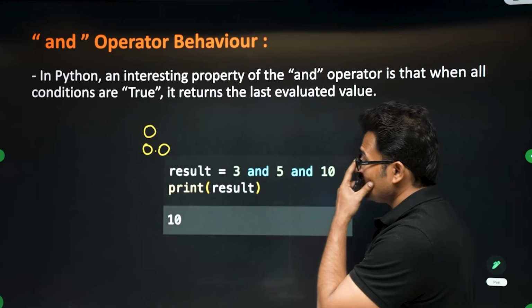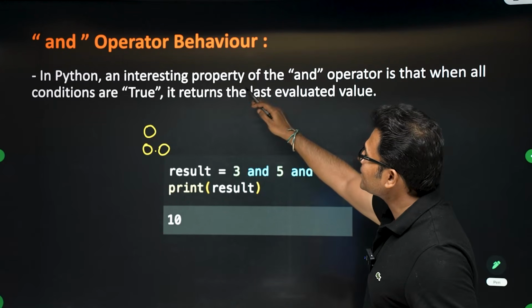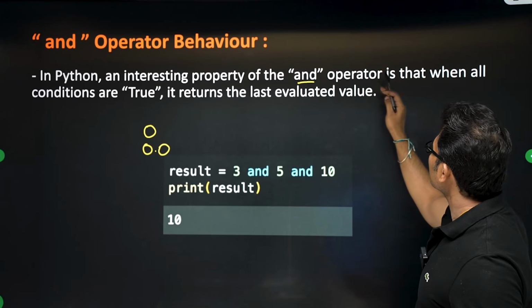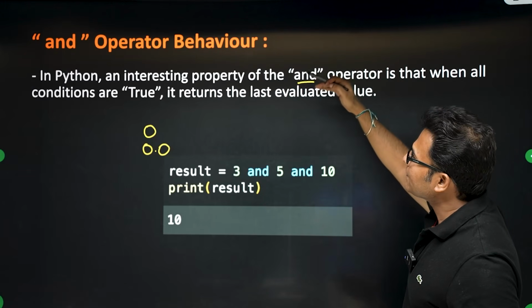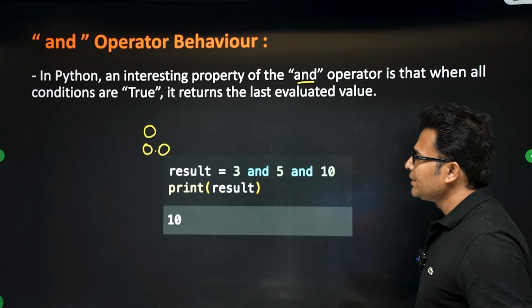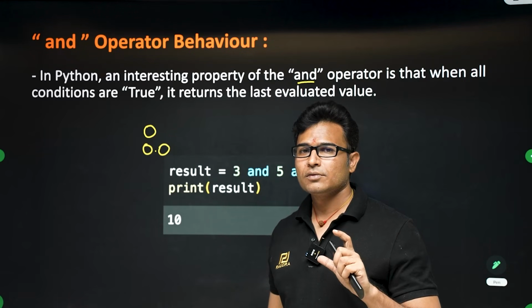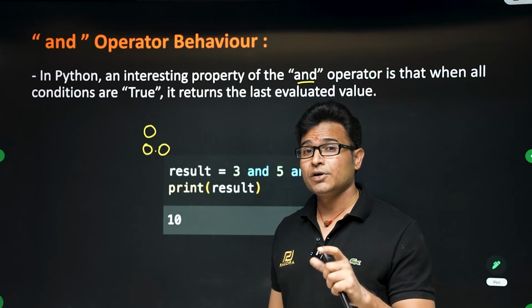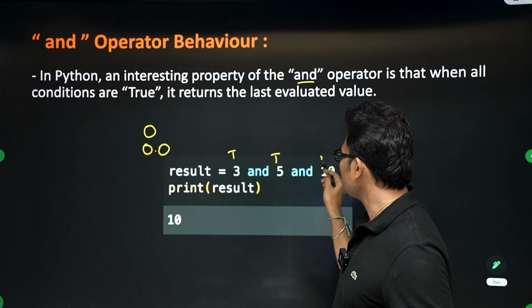Now let us see how AND behaves. In Python, there is an interesting property of the AND operator: when all the conditions are true, it returns the last evaluated value. What is the meaning of it? See, in Python, 0 and 0.0 are false. All the other values are true, which means this is true, this is true, this is true.